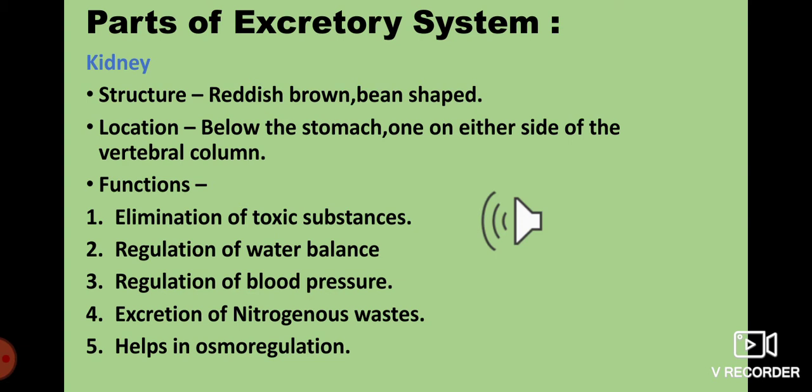Now talking about the functions. As I told in the last class, these kidneys are helpful in elimination, which means removing toxic substances. Any substance that is present in excess or any chemical in the body becomes toxic or poisonous.